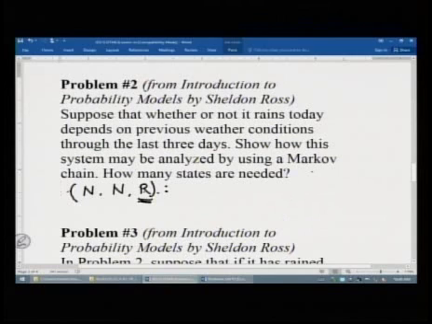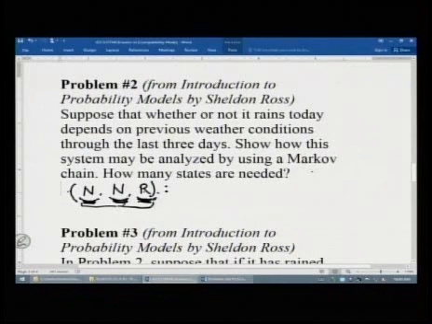And then it was not rain yesterday. And then no rain the day before yesterday. Okay, so we include the weather condition for 3 consecutive days. This is what happened the day before yesterday. This is what happened yesterday, and then this is today's weather.